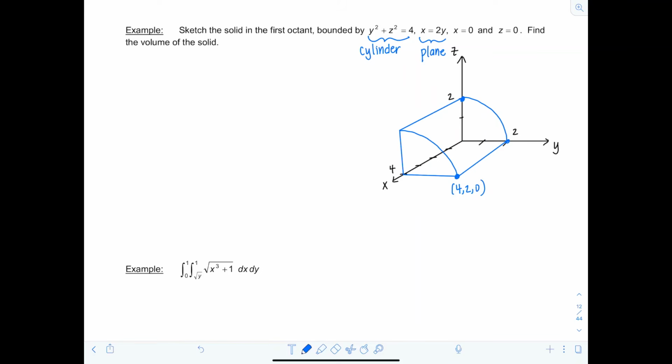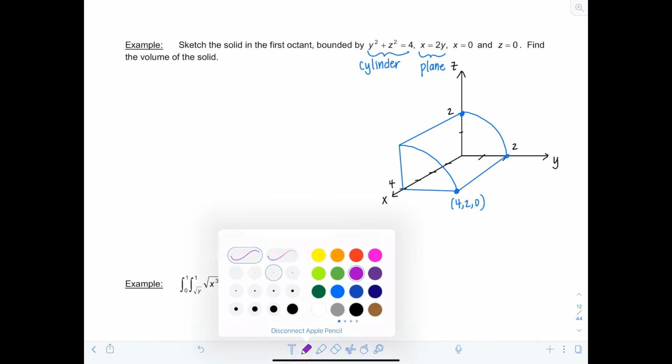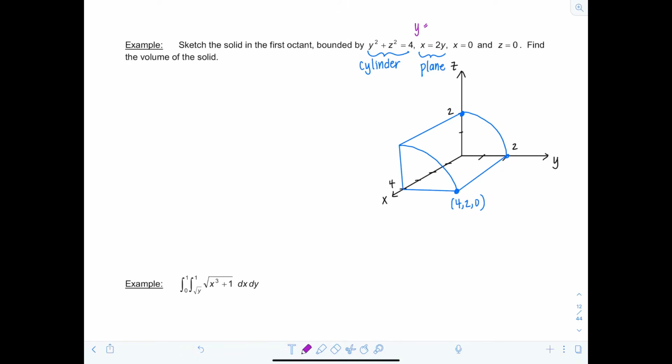Now I have to cut the cylinder with the plane x equals 2y. So I think maybe the easiest way for you to imagine graphing it is just in the xy plane itself. This would be y equals 1/2 x, a line, and then you're going to project it parallel to the z-axis. So just look down at the xy plane as if nothing else is going on right now. You've got 0, 0, slope is 1/2, so it also goes through 4, 2, 0.